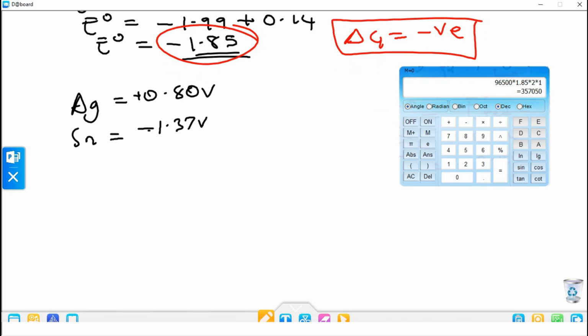So this is for tin and silver. So with that now, we need to go ahead in solving that. So tin is minus 0.13. Minus 0.13. Not just minus that, minus 0.13.